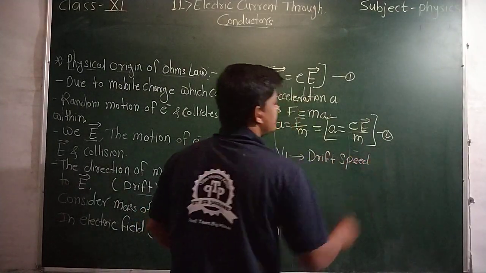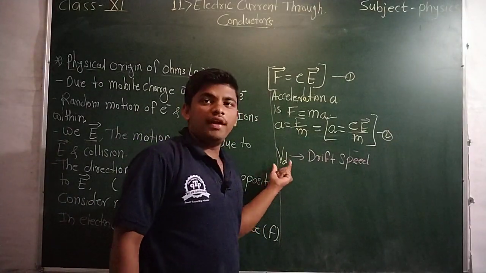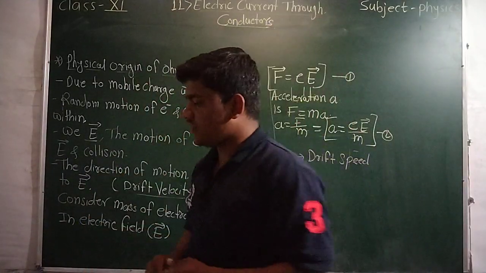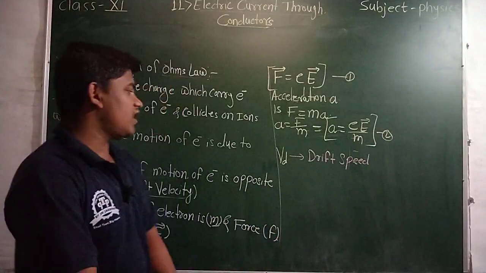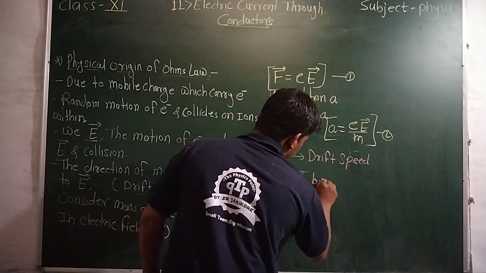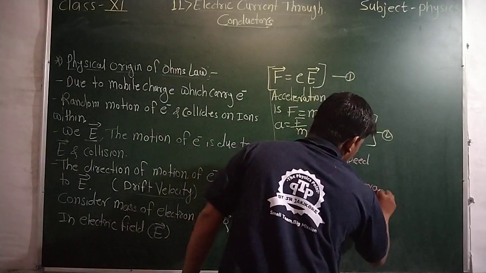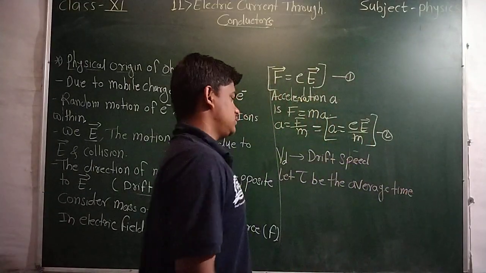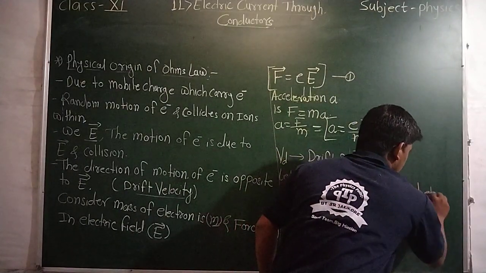We can consider an average time for the collisions. Let tau be the average time between two successive collisions.